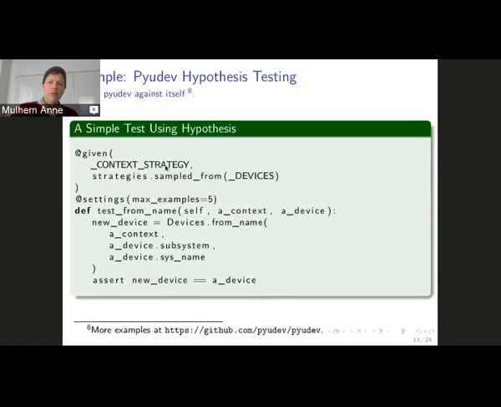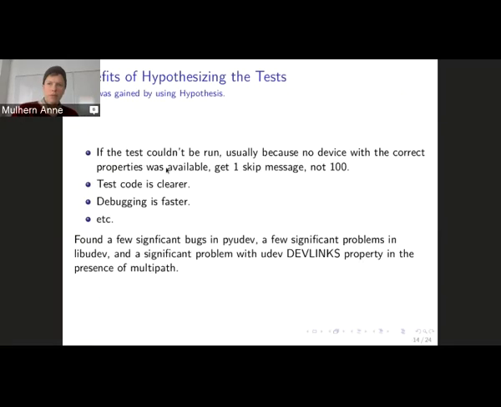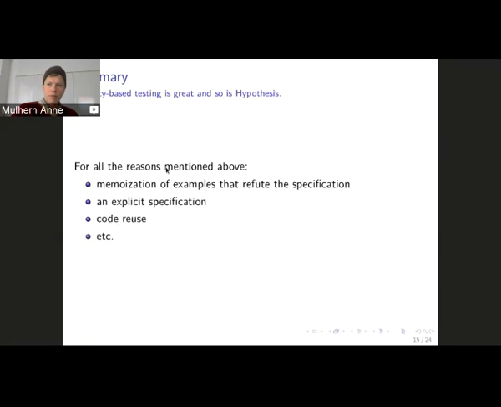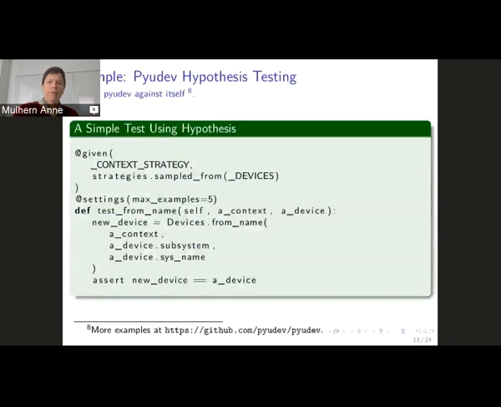Here the arguments we give are the context, which is PyUdev's context. It's essentially the mess that it uses around wrapping libudev. Also, I just have a static list of devices, and I make a strategy by randomly sampling from that list of device objects.